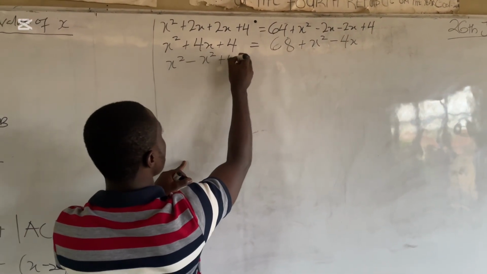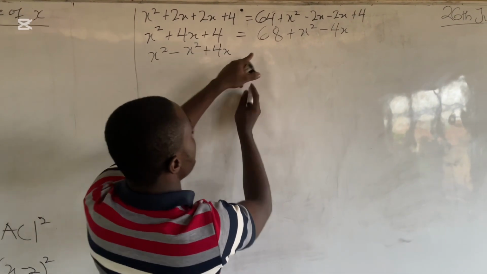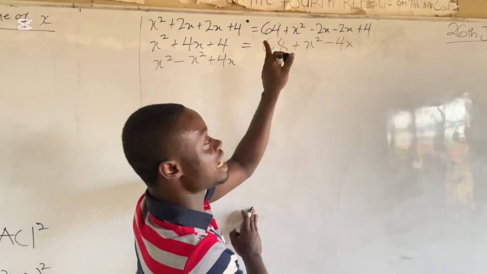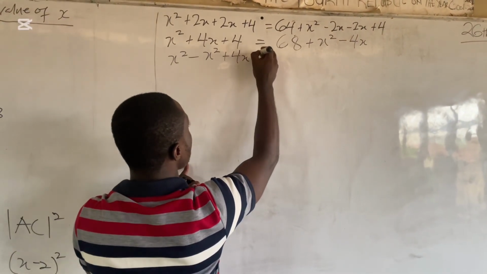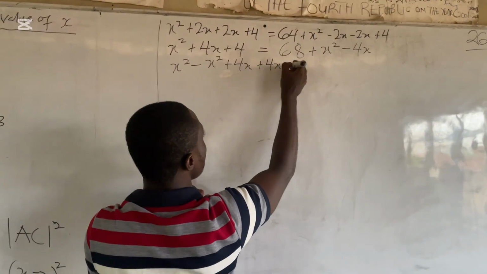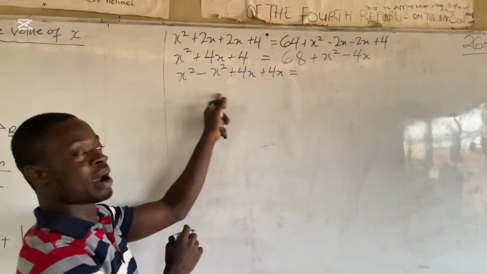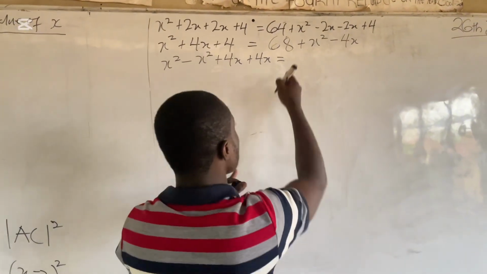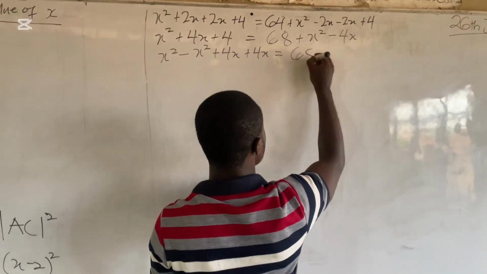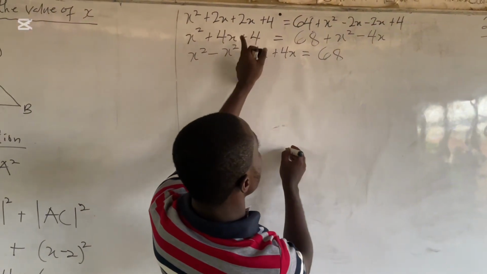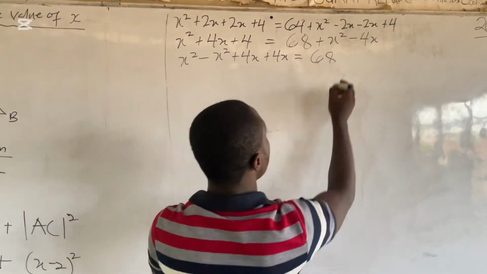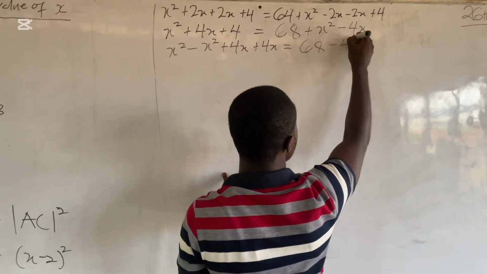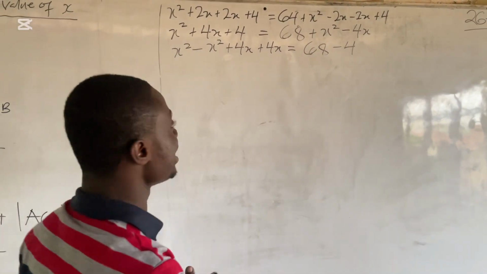So that gives us plus 4x and then minus 4x here. When you cross the sign, it gives us plus 4x. So plus 4x to be equal to, so we are done with the x variables on this side. Let's bring the numbers here. So the numbers, we have 68, then plus 4 here. So when you cross the sign, it gives us minus 4. So 68 minus 4. Okay, so it is becoming easier.